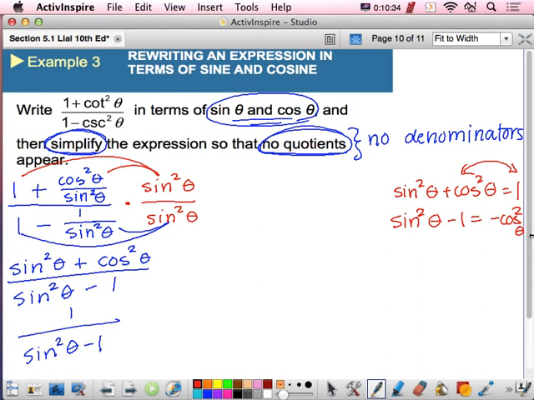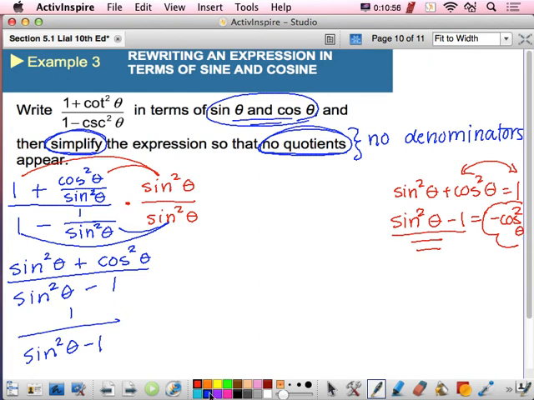So if you have a Pythagorean identity, you can rearrange it into multiple forms by adding and subtracting things to opposite sides. Now look at what I have. Sine squared of theta minus 1 equals what? Negative cosine squared. And we can make a substitution there, so that now we will have 1 over negative cosine squared.